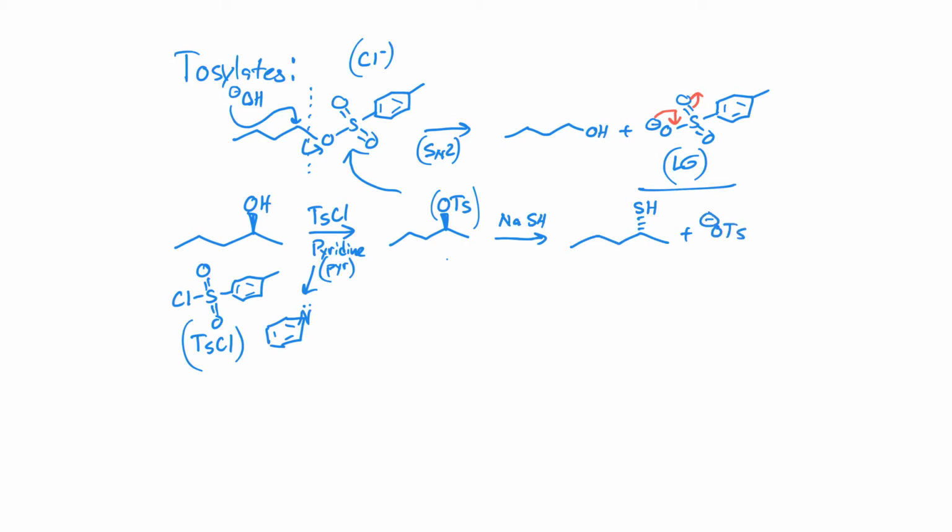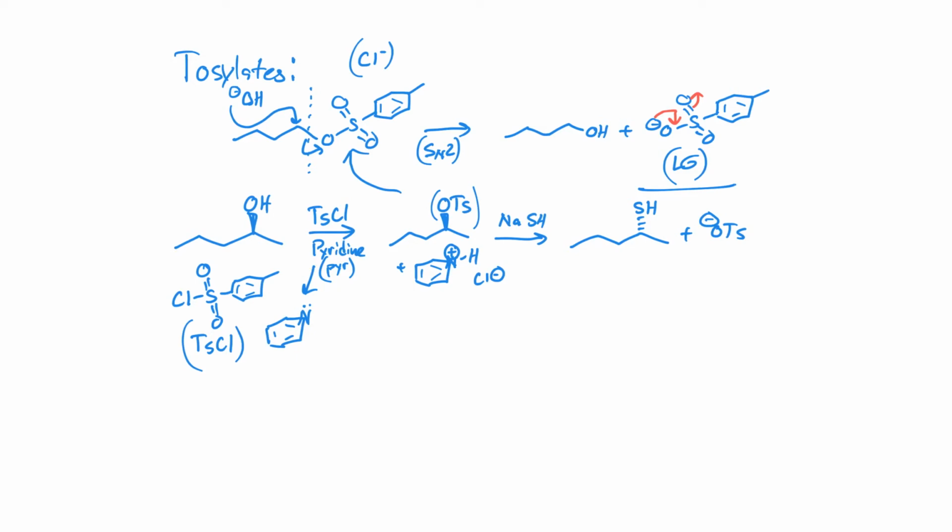And we'll get OTs as the leaving group. I'd also like to point out that right here I get pyridinium chloride as my byproduct because I've created an H and a Cl as a byproduct from this tosylation process.